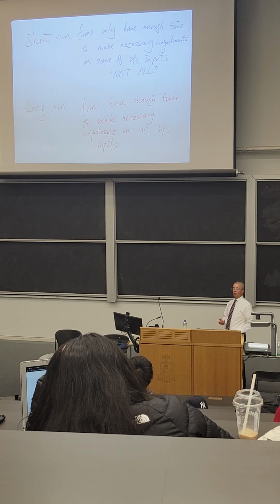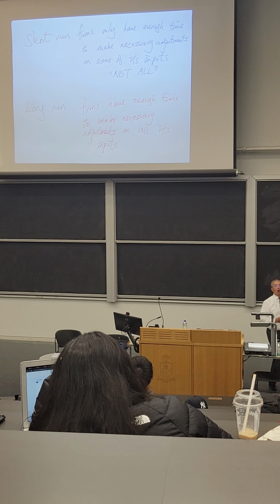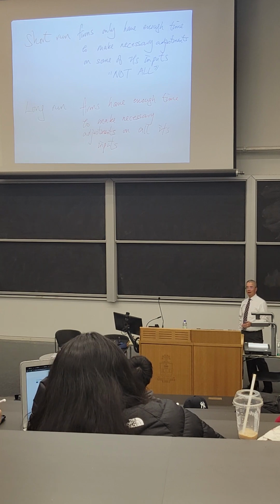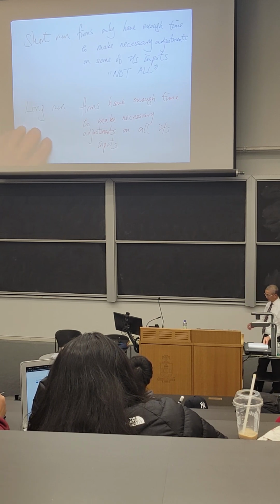The time is too short. Firms would not have enough time to change all. They will only have enough time to change some inputs, and we call that short run. So this is how we distinguish short run and long run. That is, whether the firm is able to change all of its inputs or not.